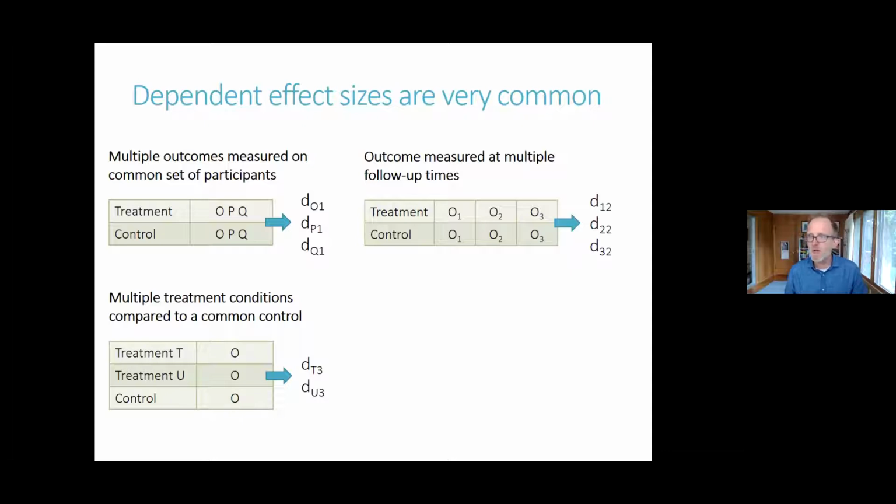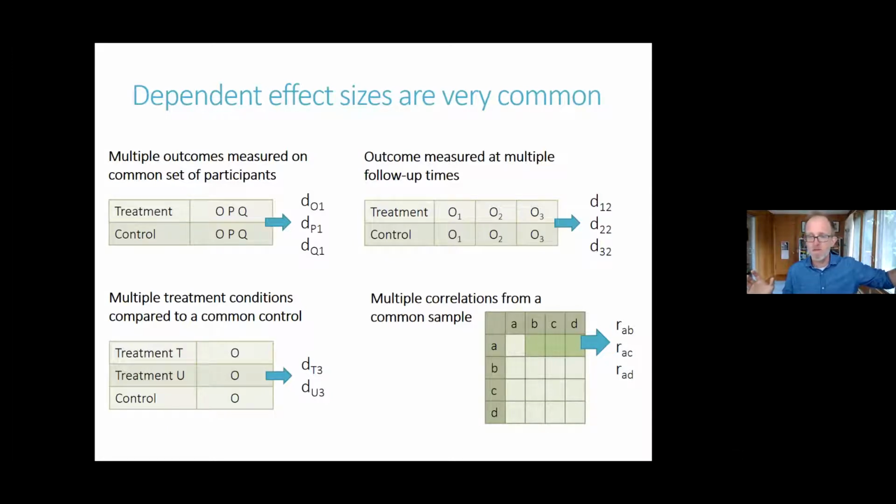Another situation that occurs commonly in intervention studies is a study that compares multiple treatment conditions to a common control condition. So you'll have an effect size estimate comparing treatment T to control, but also treatment U to control, for instance. And these 2 effect size estimates will be correlated. There'll be correlation in their sampling errors because both of them use the data from the control group.